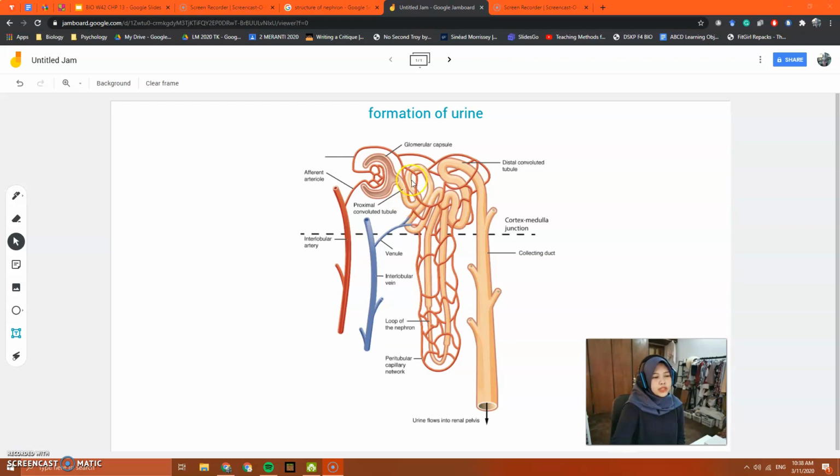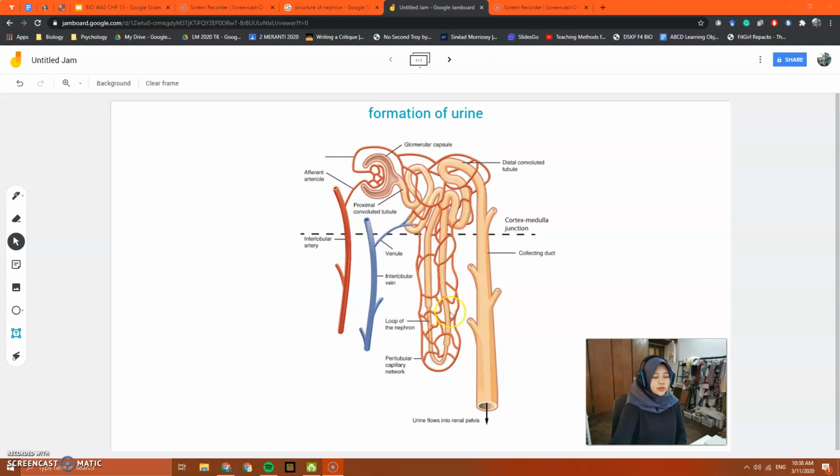So reabsorption is when all the good things that we still want, right here inside the filtrate, will be reabsorbed and taken back into the blood capillaries all over again right here. And then in the next part, which is the reabsorption at the loop of Henle and the distal convoluted tubule, even more things are going to get reabsorbed.